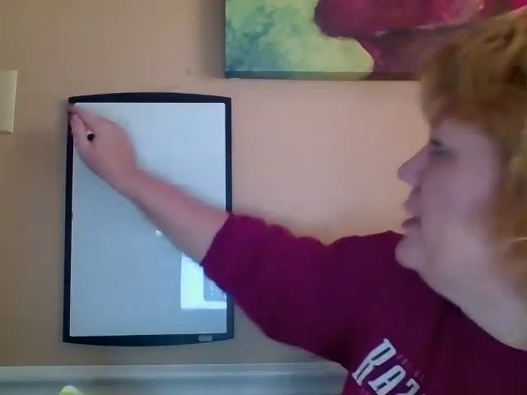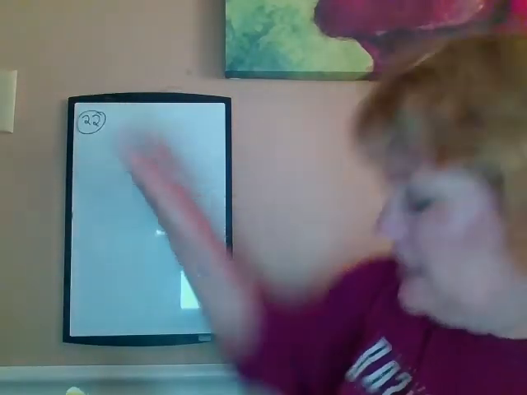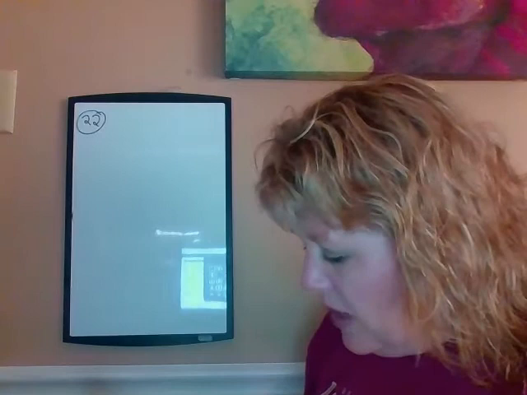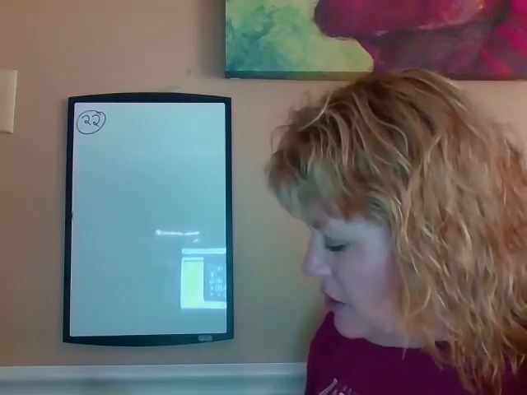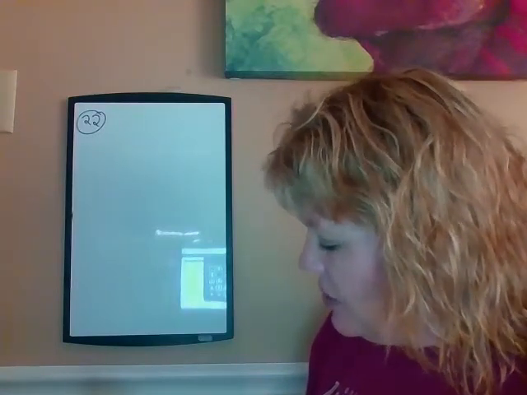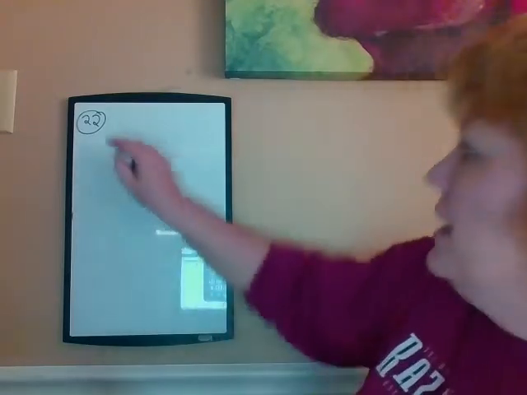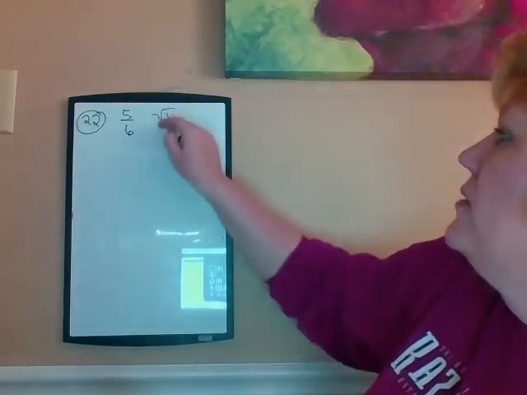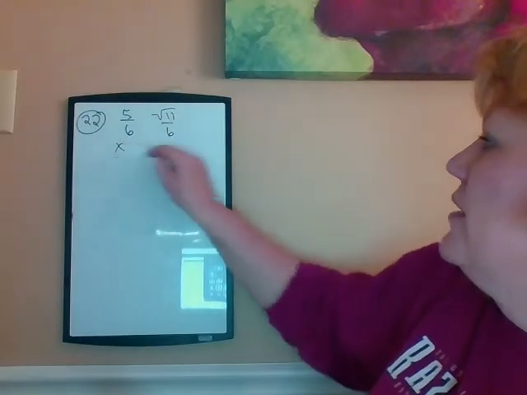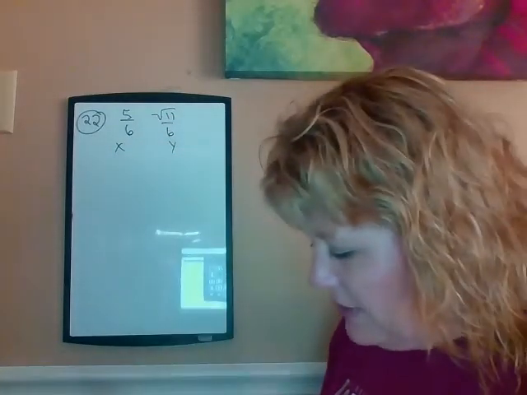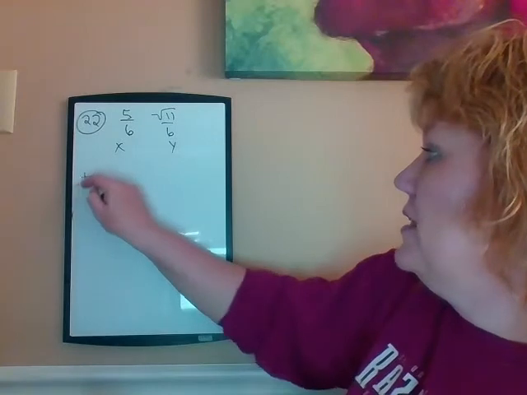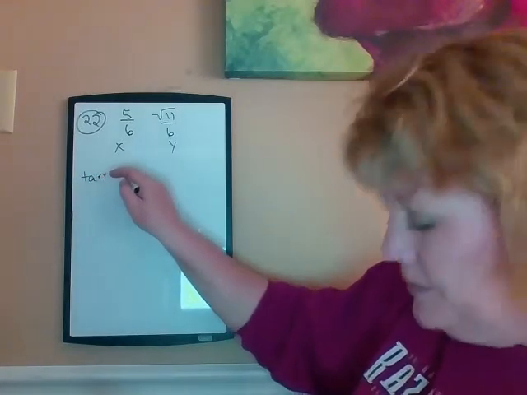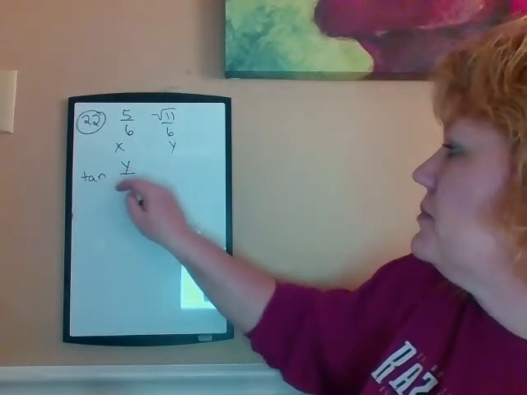Okay, we're on 22. It says the point xy on the unit circle that corresponds to real numbers is given. Find the value of the indicated trig function. And they give me 5 over 6, and square root of 11 over 6. This is your x value. This is your y value. And they want the tangent. And the tangent is going to be y over x.